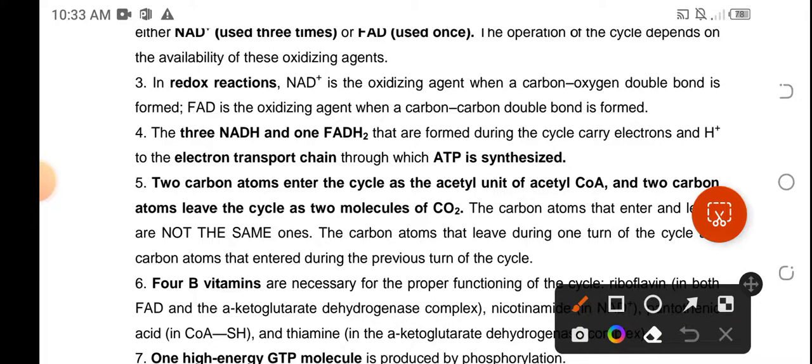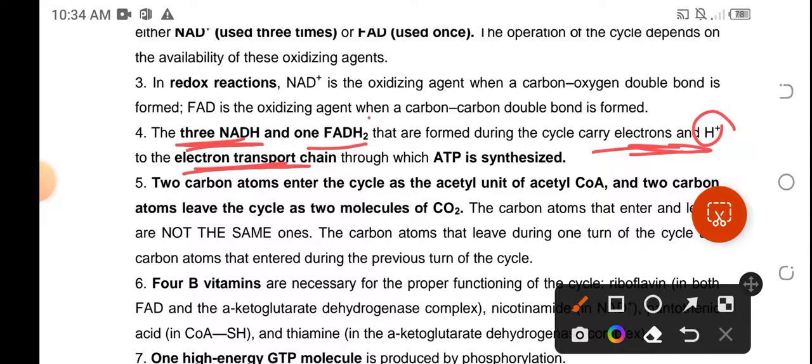So from there, the three NADH and the one FADH2 will carry electrons and the proton ions, or electrons and hydrogen plus ions, that will actually be needed during the fourth stage, which is the electron transport chain, wherein masisynthesize naman yung ATP.